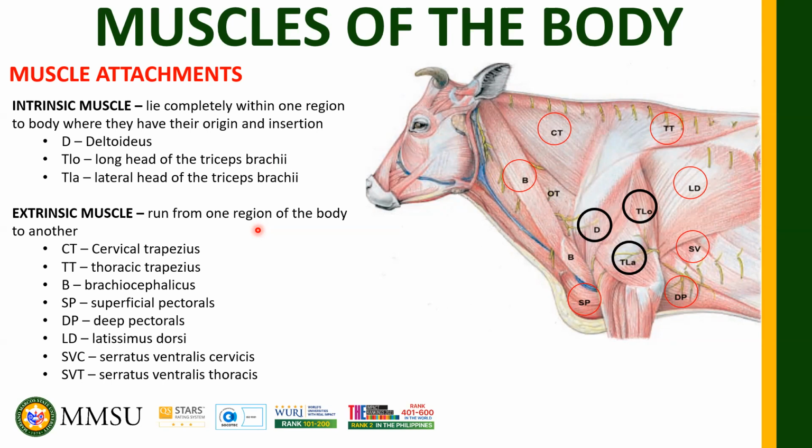So, yung mga extrinsic muscles naman more on yung mga extensive na limb movements. Yun yung ginagawa nila. Okay, so we have here the cervical trapezius, the thoracic trapezius, the brachiocephalicus, the superficial pectorals, the deep pectorals, the latissimus dorsi, the serratus ventralis cervicis, and then the serratus ventralis thoracis. Okay.